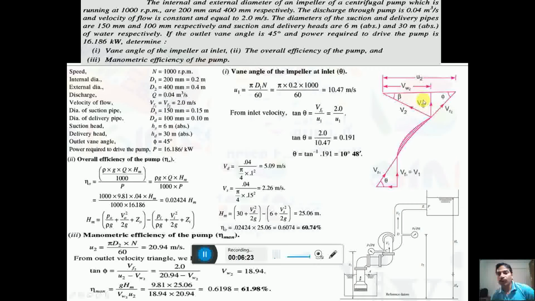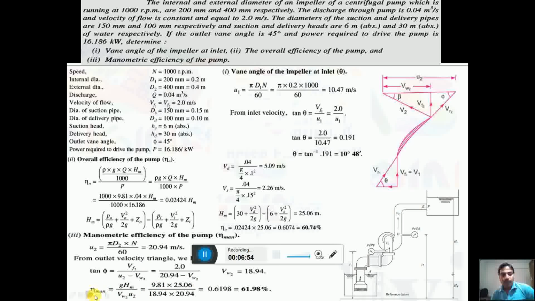So all these three parameters are known to us, so we can say the triangle is completely defined. So we can apply here in the outlet triangle, simply calculate tan phi equal to vf2 divided by u2 minus vw2. So we can get from here.